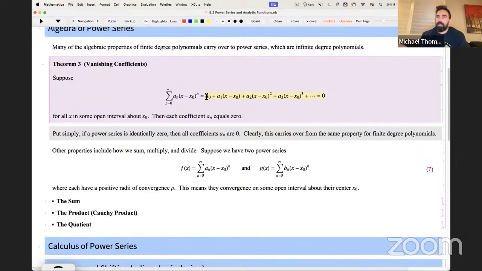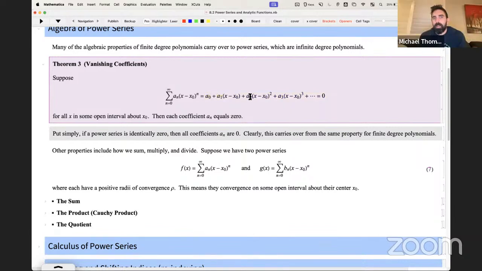Well, if I gave you a polynomial with coefficients that I didn't know what they were, and I said this polynomial is equal to 0, you know that all of the coefficients have to be 0. It's like when we did undetermined coefficients, right? Essentially what that means is that each of these would have to be 0.